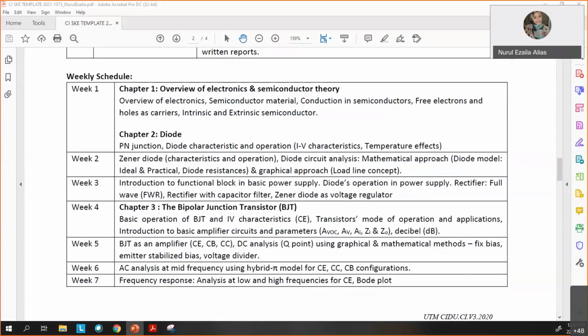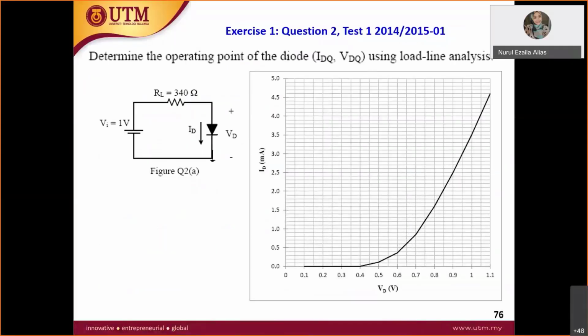All right. So I just want to show you a past test question. Given this kind of circuit, you are asked to determine using load line. This is why I said the IV characteristic is given. When the IV characteristic is given, you have to draw your load line on this IV curve.